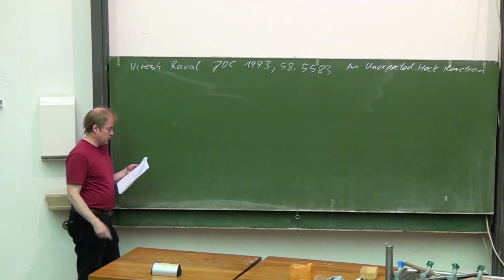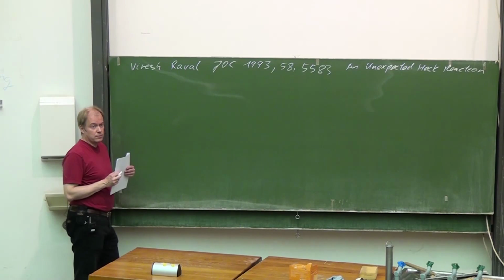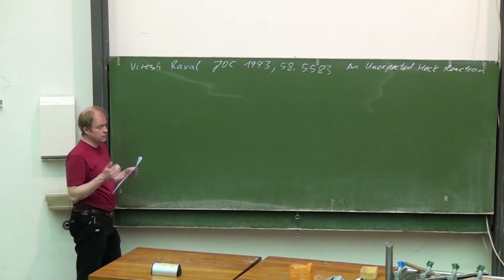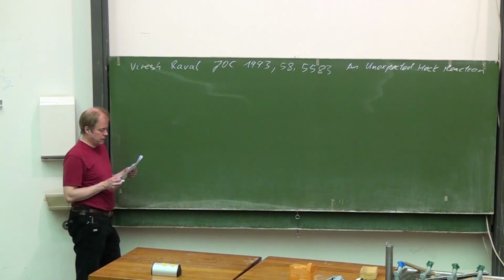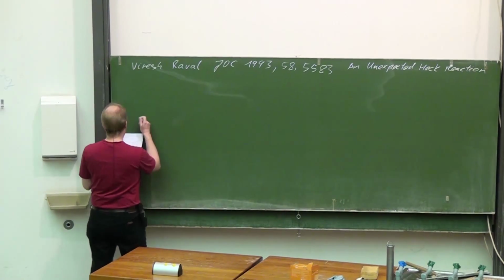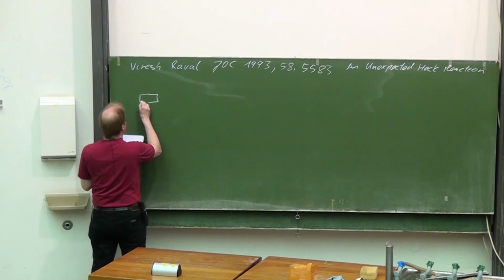Ravel from the Ohio State University became rather famous for his syntheses of strychnine alkaloids, and also this publication with the unexpected Heck reaction was in the context of these studies for the synthesis of strychnine alkaloids.